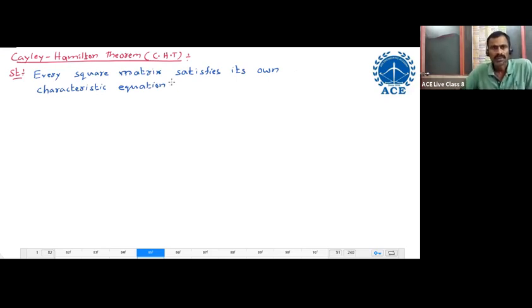This is the statement of the theorem. Every square matrix satisfies its own characteristic equation, not other sum.